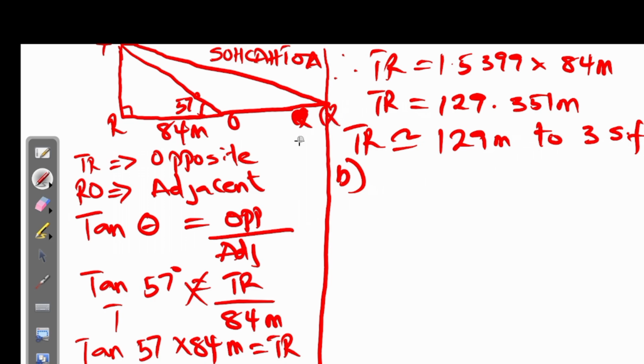At this point Q, the angle of elevation of T from Q is now 49 degrees.